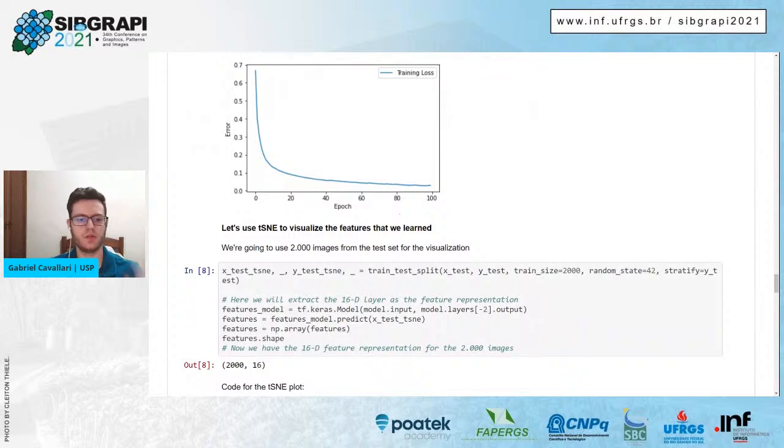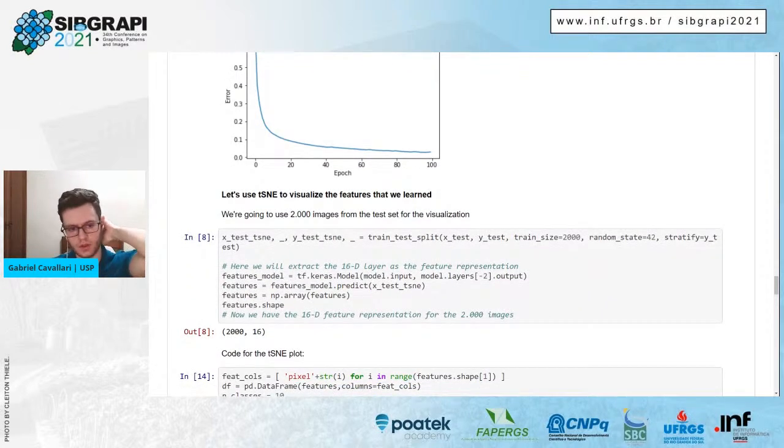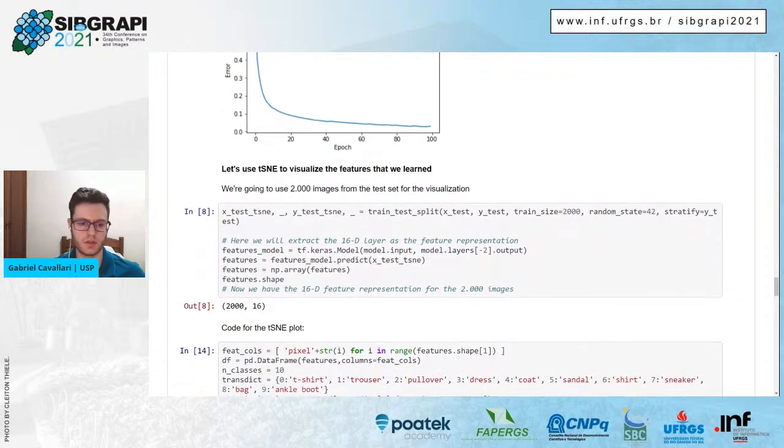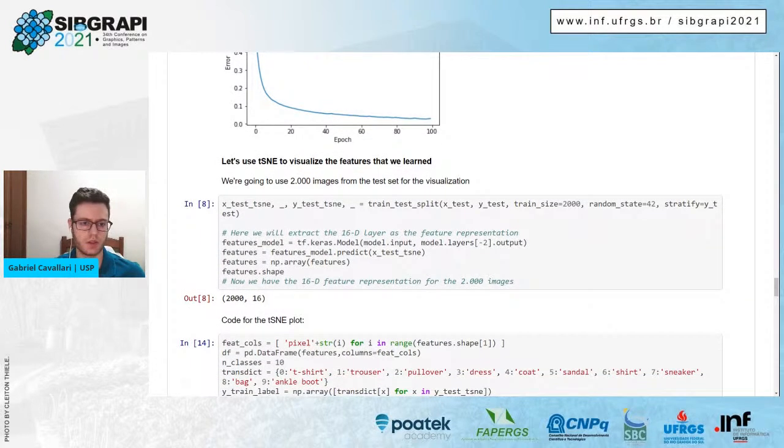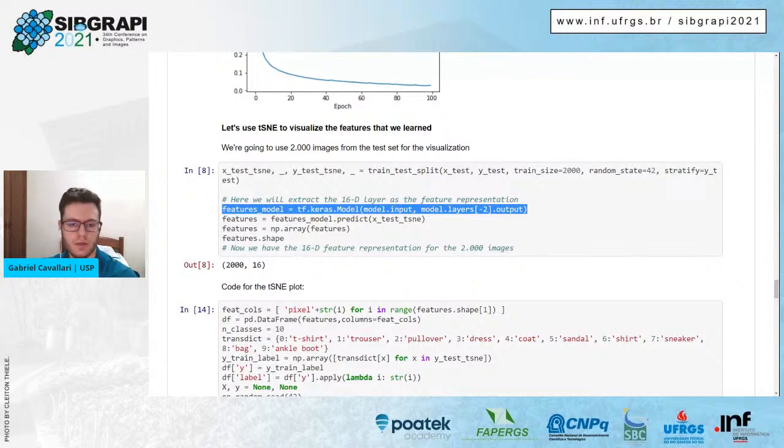So let's visualize the features that we learned, and for that we're going to use 2000 images from the test set for the visualization. We are just getting the X test and Y test for the t-SNE. And here our feature model is going to be the 16 dimension layer as the feature extraction.